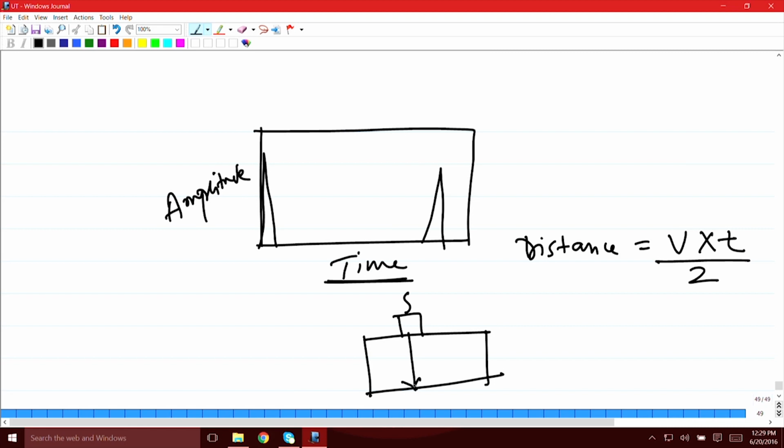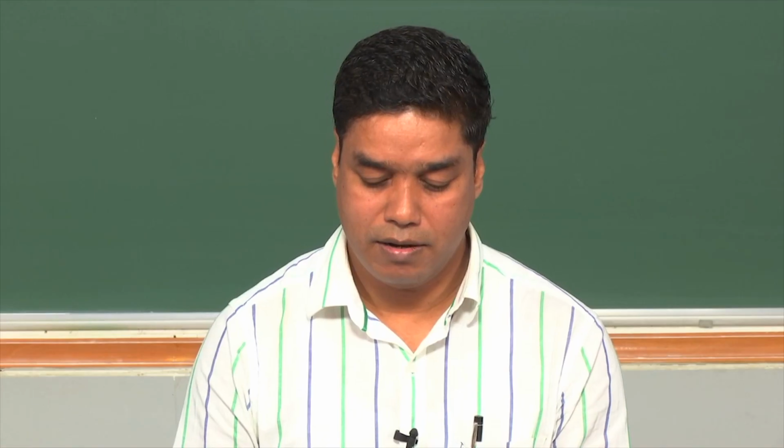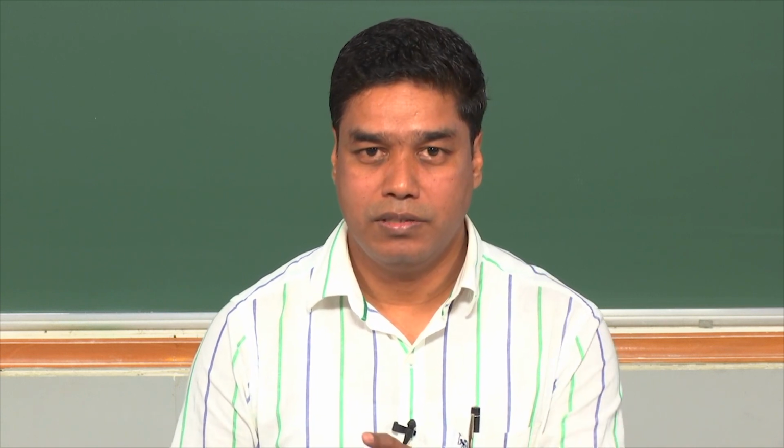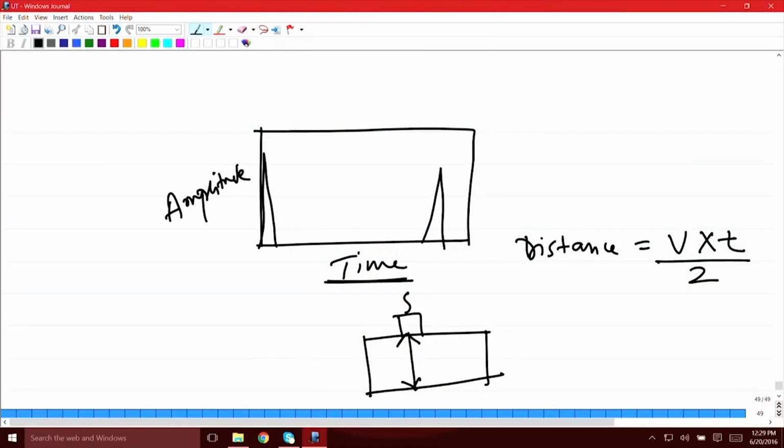It is going here, hitting the reflecting interface, which could be the back wall or any other defect or flaw, and then coming back. So, this is going back and forth. That is why when you calculate the distance, it has to be divided by 2. So, once you give this V as an input to the instrument, this time base can be converted into depth or distance.